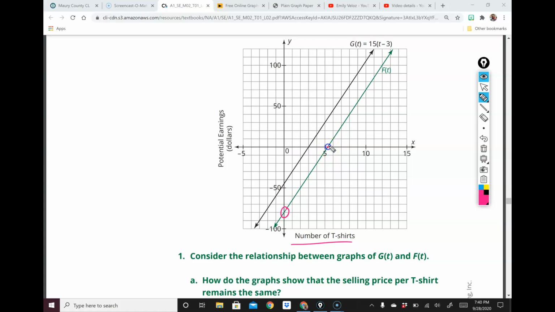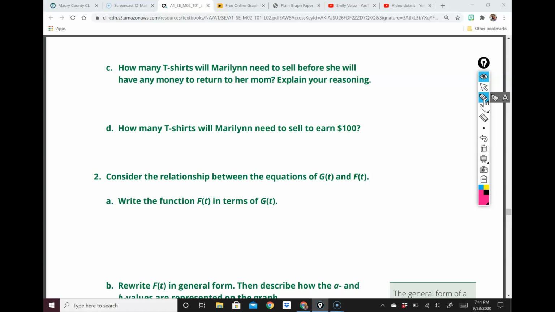It looks like right here, we're going to break even. Right here, we're going to cross over, and at 6 t-shirts, we'll be able to give Mom $10. So for part C, we can go with 6 or more t-shirts.